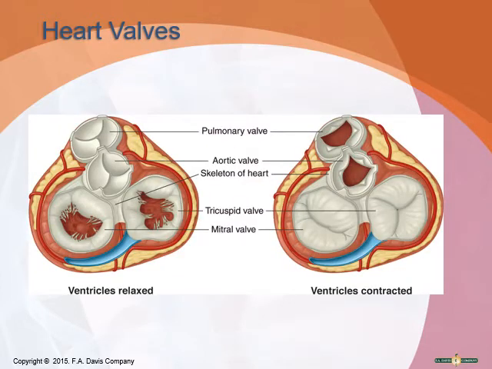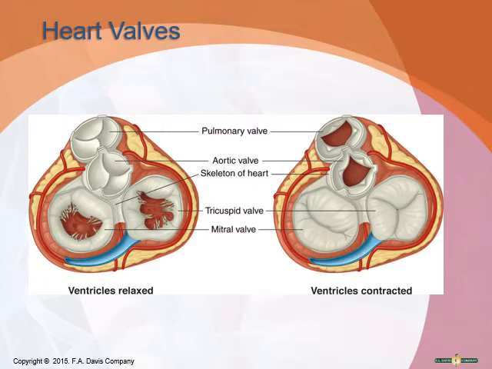Take a look at the 4 valves from this point of view now. We're looking down onto the top of the heart. Each valve has 2 or 3 flaps of tissue called cusps or leaflets. So let's imagine our ventricles are relaxed. No blood is being pushed into the pulmonary circuit or out to the body.